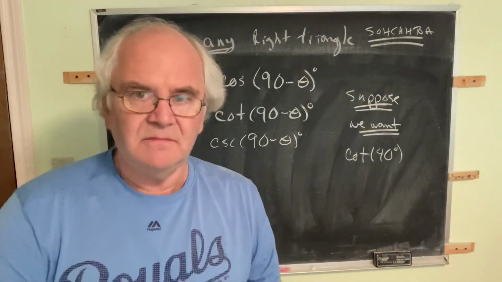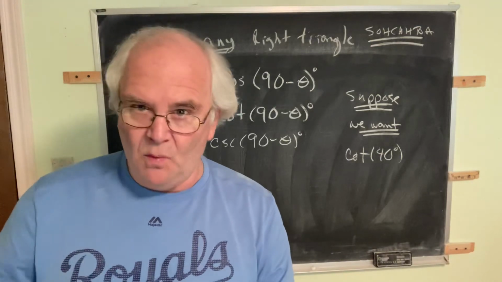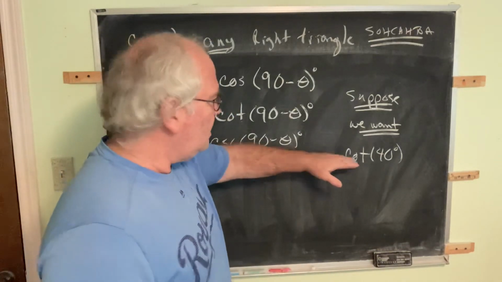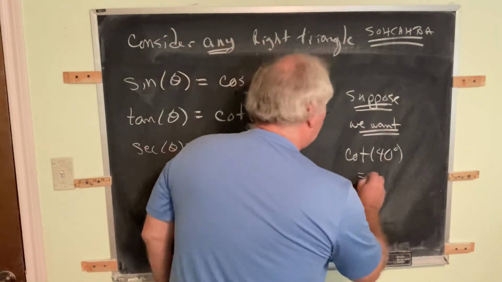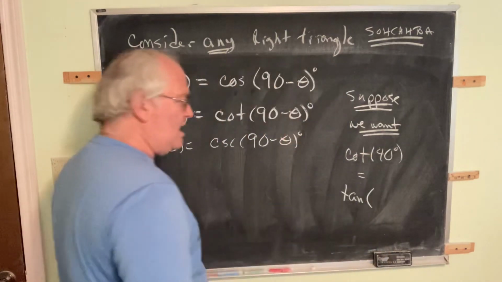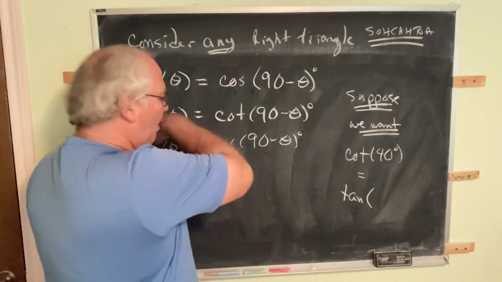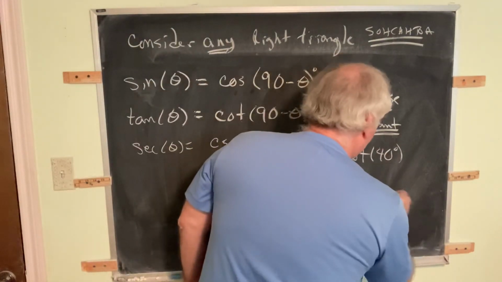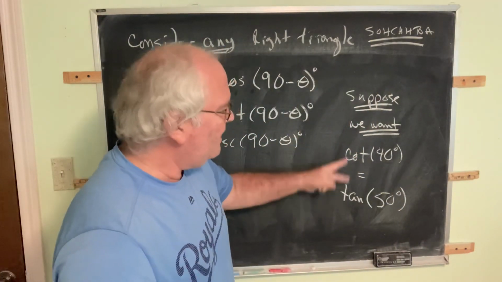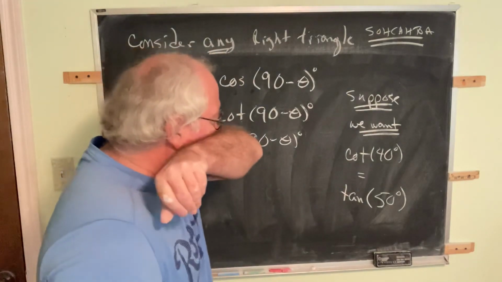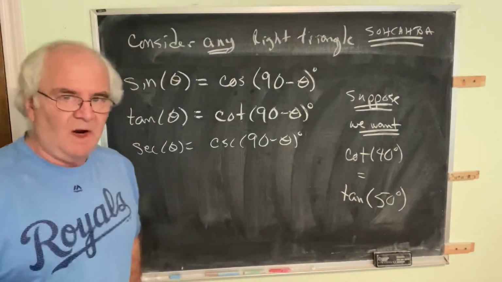Well, the problem is, the calculator doesn't have a cotangent button. There are many ways to do this. One way is to use this property. If I do cotangent of 40 degrees, that must equal tangent of, you tell me, what value do I use there? It needs to be the complement, 90 minus 40, so that's tangent of 50 degrees. And so if you find tangent of 50 degrees, that will give you the value of cotangent that you want.